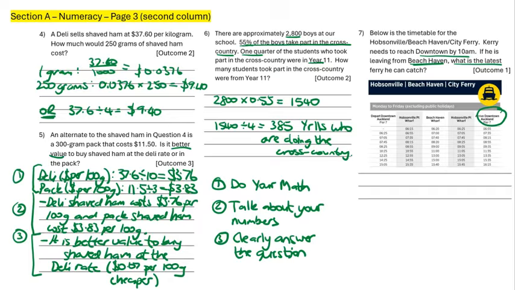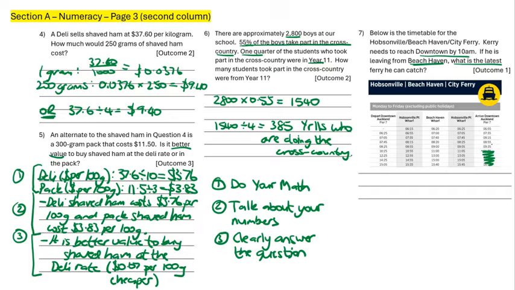We need to find the number that is immediately before 10 a.m. because anything after 10 a.m. means he's late. So looking down that list, we can see 11:35, that one there. That one's too late. So any of these ones here are gone, which means he needs to arrive on this 9:35 ferry to be there at 10. And this makes a bit of sense because it gives him about 25 minutes to arrive wherever. It's unlikely he needs to be at the ferry building at 10.